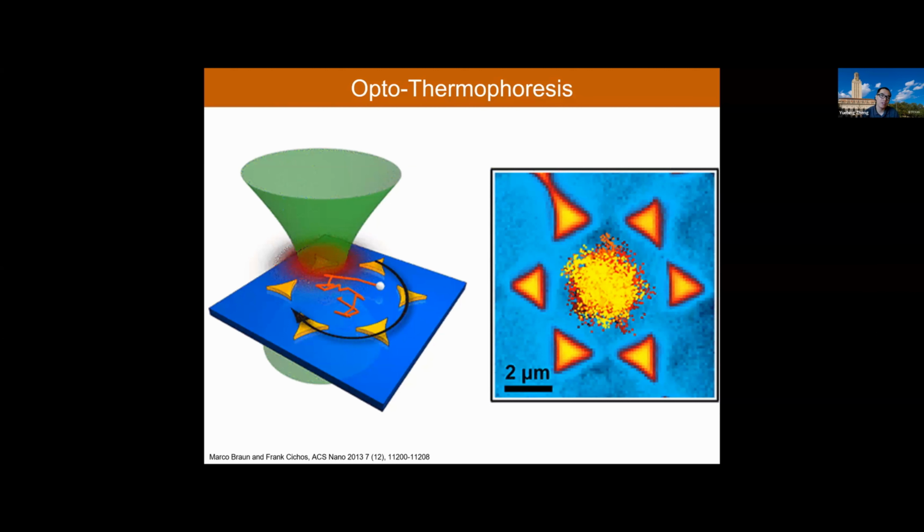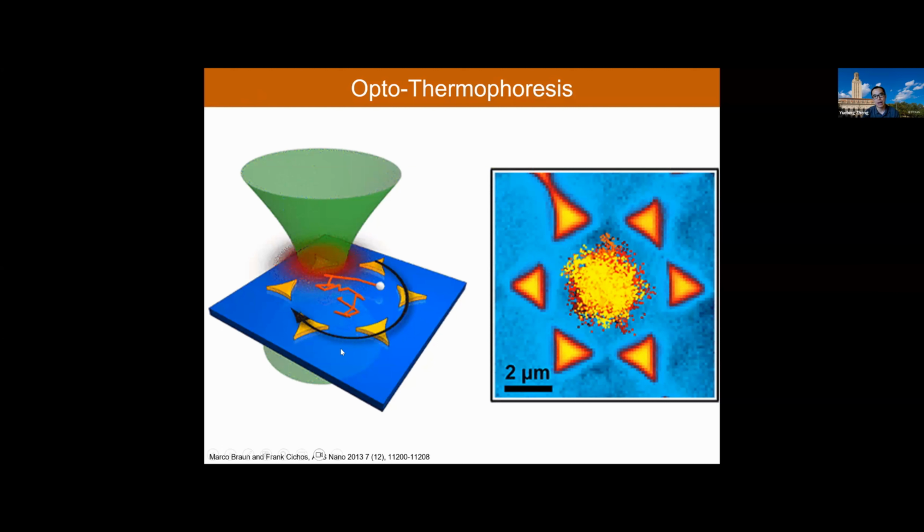But the difficulty in using thermophoresis is that in many cases the particle moves from hot to cold regions, which becomes a problem because we hope the particle can follow our laser beam, but unfortunately the laser beam heats up the environment and pushes the particle away.